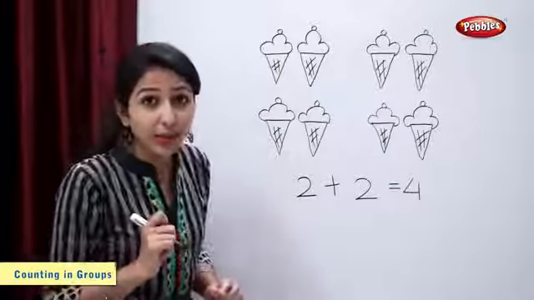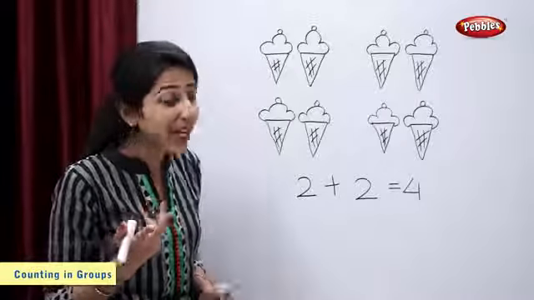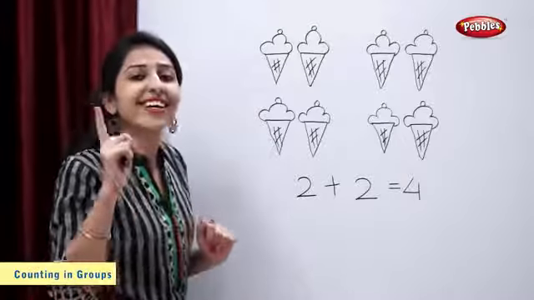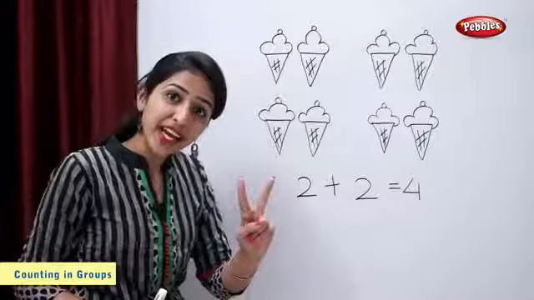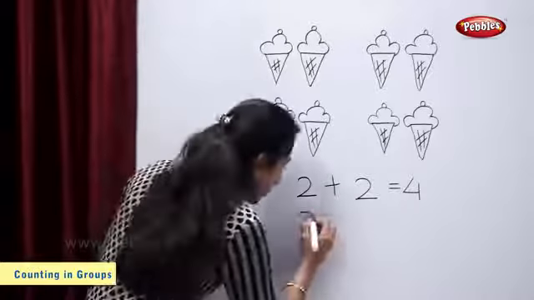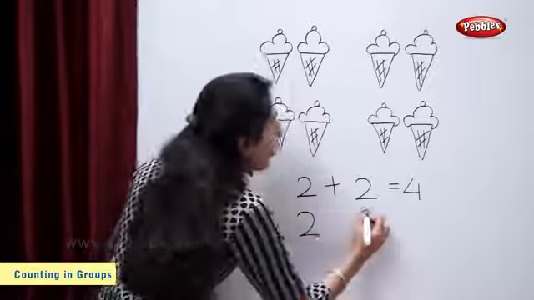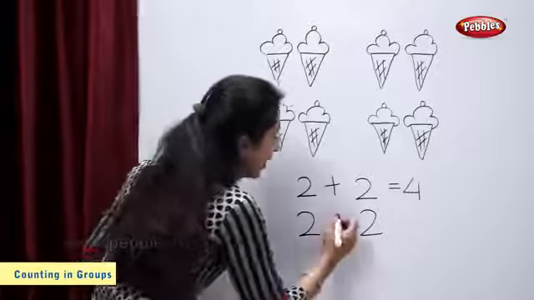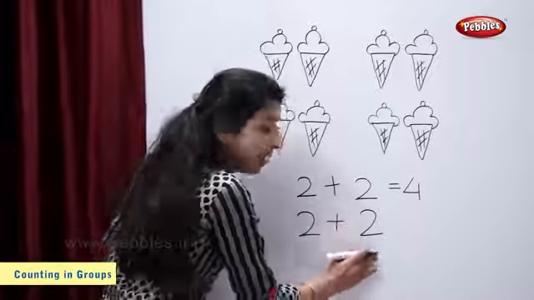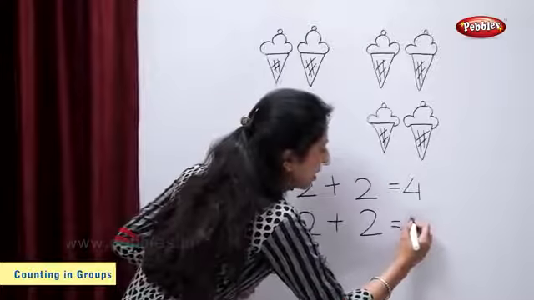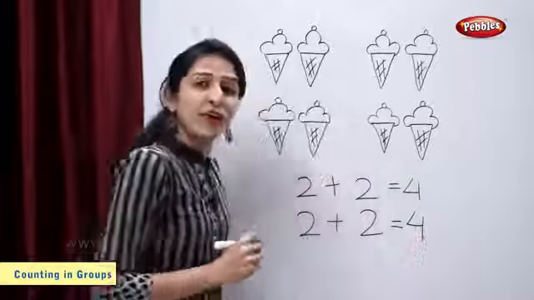Now you tell me, students, there are how many pairs in the second row? Correct. 2 pairs of 2 ice creams each. So 2 plus 2 is equal to 4.